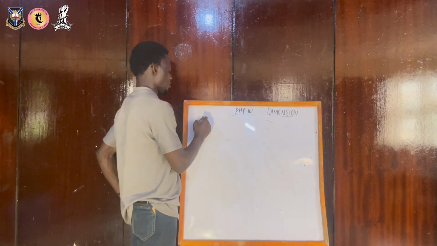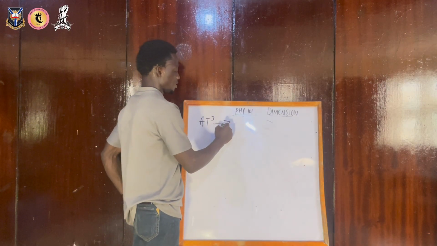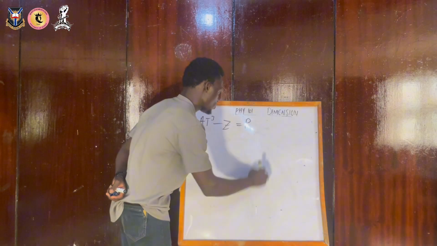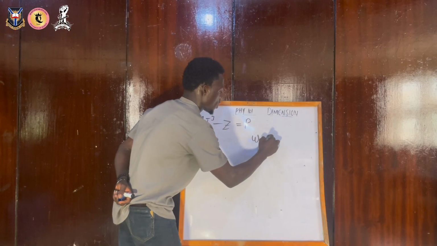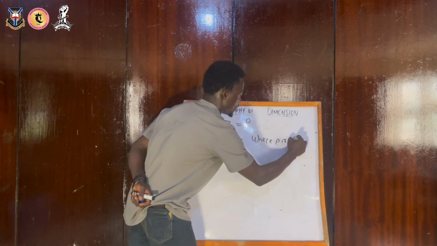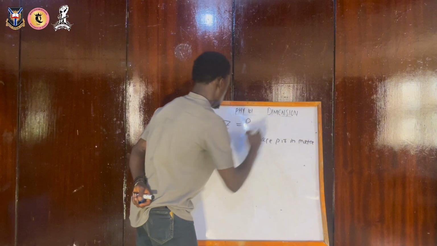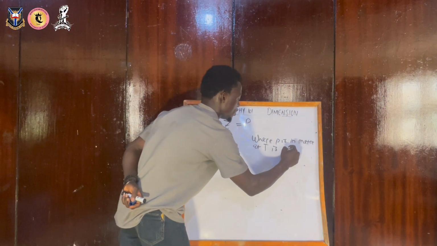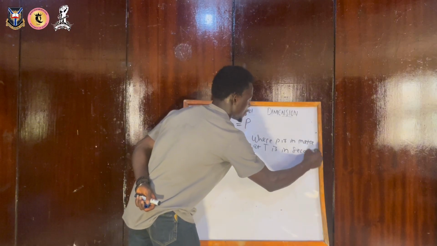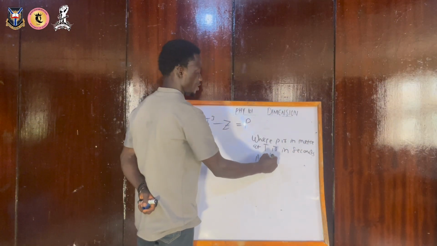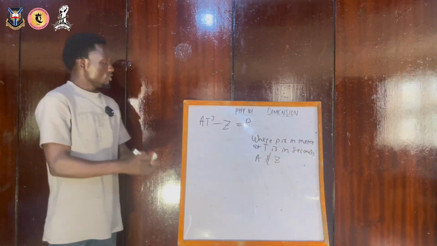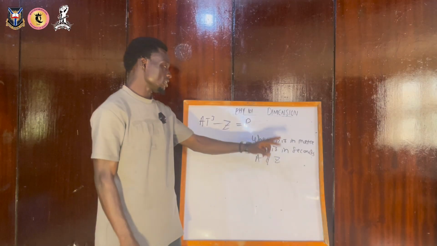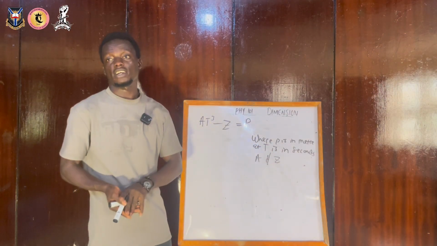So now let's say you have at cube minus z equals p, where p is in meter and t is in seconds. Find the dimension of a and z. So this is a particular question: at cubed minus z equals p, where p is in meter and t is in seconds. We have to find the dimension of a and z.